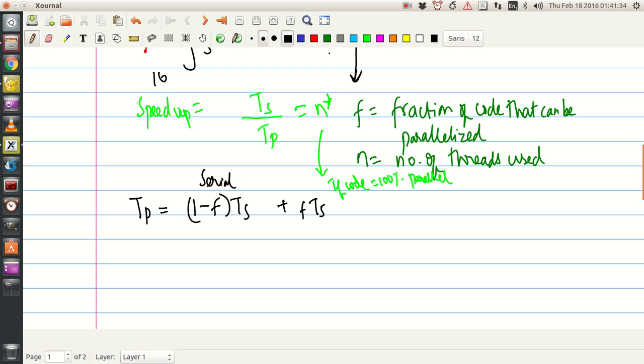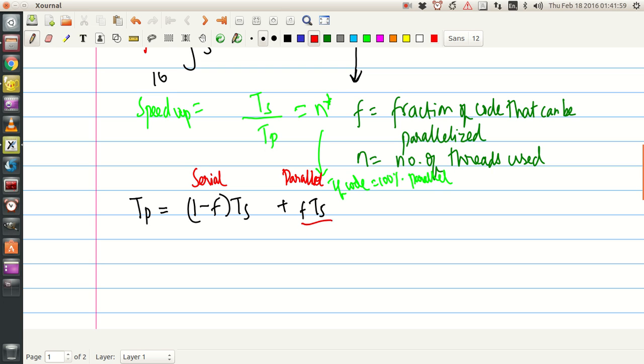This is the serial part which you can't do anything about, and this is your parallel part which you can divide. And here again in this parallel part there are limitations. If this parallel part is completely parallel, you can completely parallelize this code.